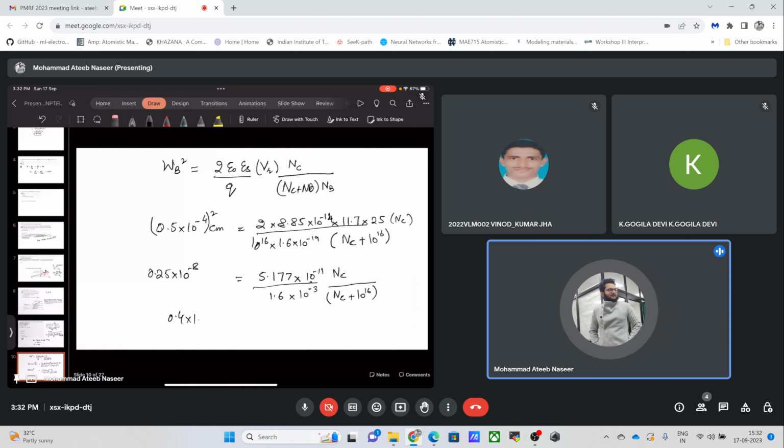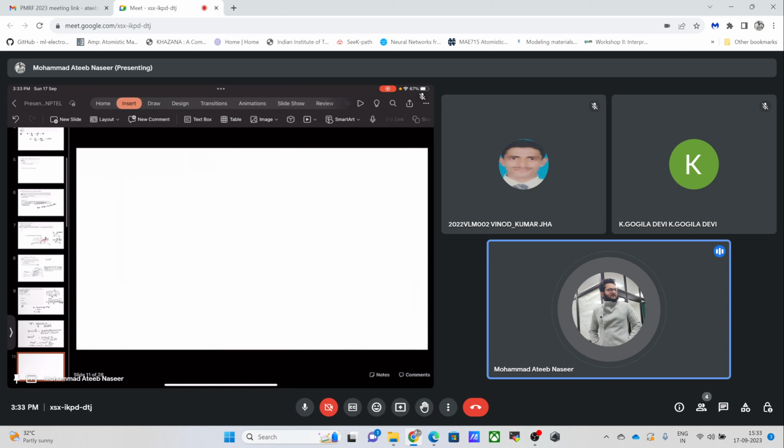So 0.4 into 10 to the power of minus 11 is equal to 5.177 into 10 to the power of minus 11 times NC divided by NC plus 10 to the power of 16. The 10 to the power minus 11 terms cancel. It would be 0.4 NC plus 0.4 into 10 to the power of 16 equals 5.177 NC. Basically it's quite a tedious calculation.